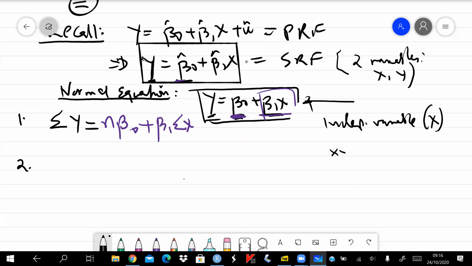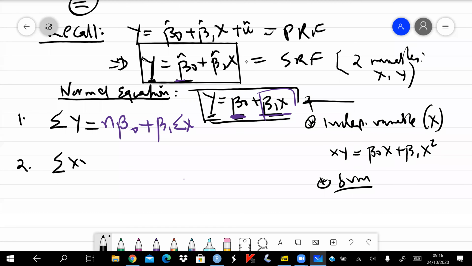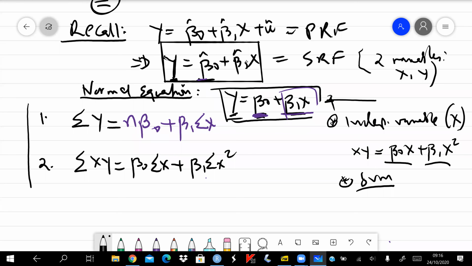So you have xy is equal to beta naught x plus beta 1 x squared. Then after that, you sum each term after multiplying. So you end up with summation of xy is equal to beta naught summation of x plus beta 1 summation of x squared. And those are the two normal equations that we obtained from the previous class.